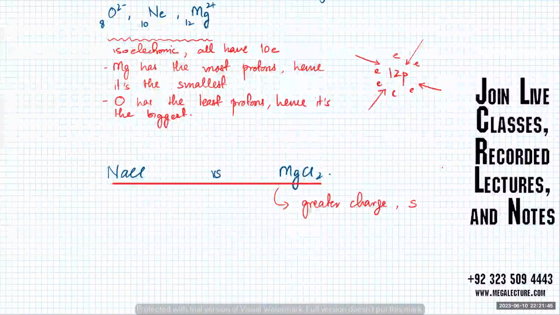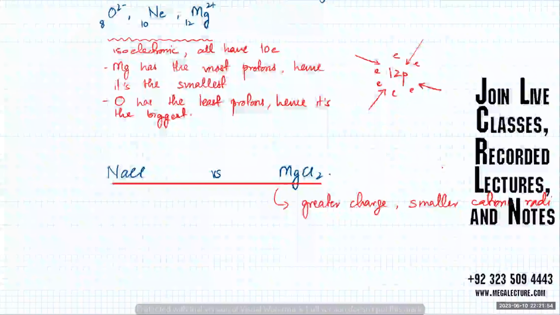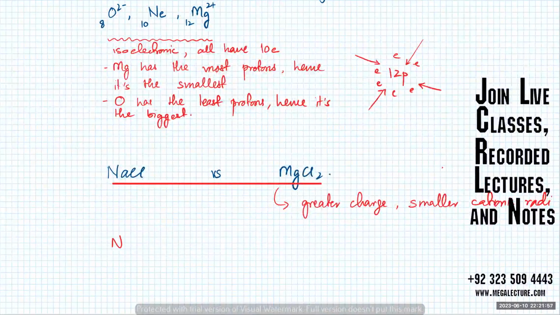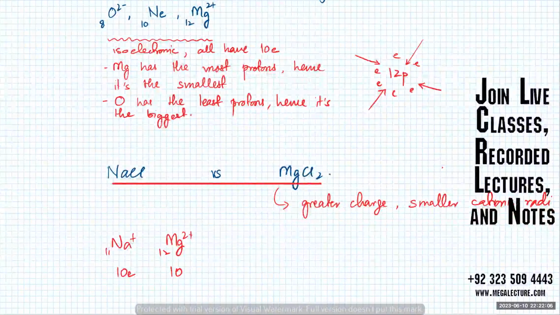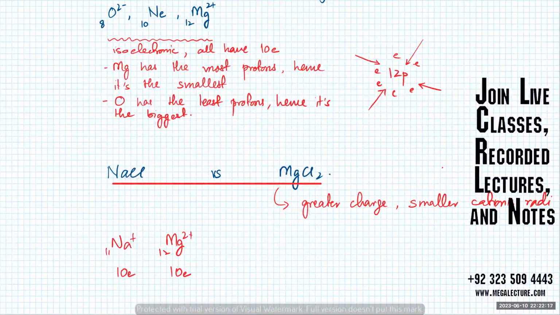So greater charge, and it's also got the smaller cationic radius. Like Mg2 plus and Na plus, they both have the same number of electrons, 10 electrons. But Mg having more protons is going to be smaller in size. Is this clear? Yep.